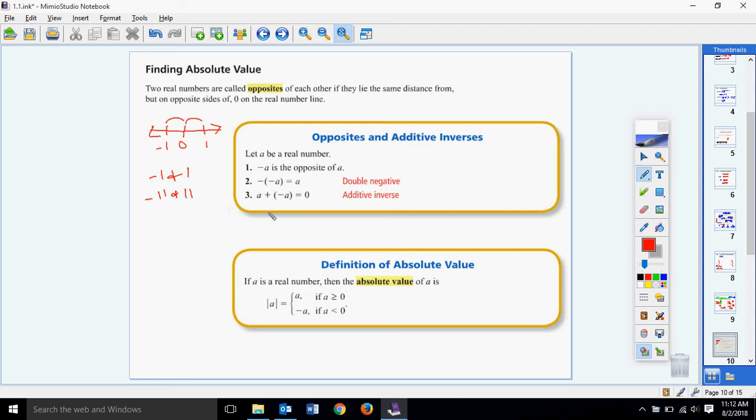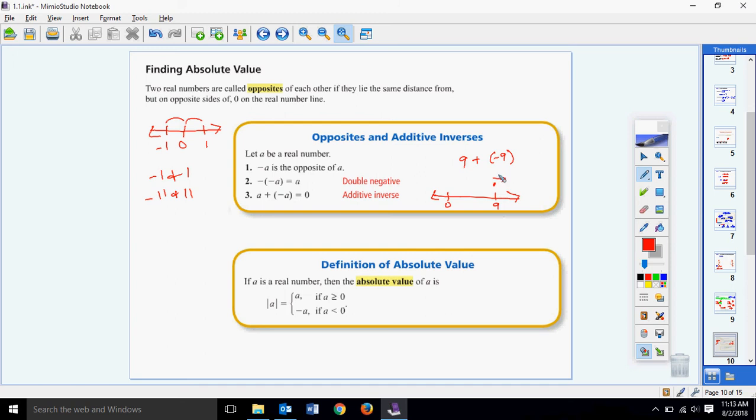Now what happens when I add opposites? If I have a number, let's call it A, and I add it with its opposite, negative A, that's going to give me 0. For instance, if I have 9 plus a negative 9. Okay, you're on your number line. Here's 0, here's 9. We're at 9.